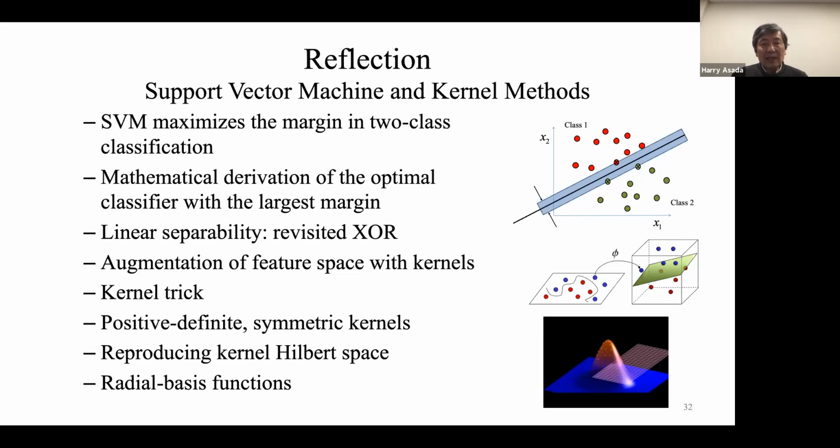We looked at linear separability by revisiting the exclusive OR problem, and then we introduced the kernels and the kernel trick, the positive definite symmetric kernels, and the reproducing kernel Hilbert space, and then again the radial basis functions are very useful, and we looked into this.